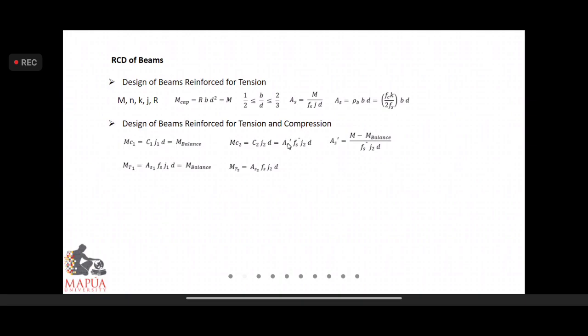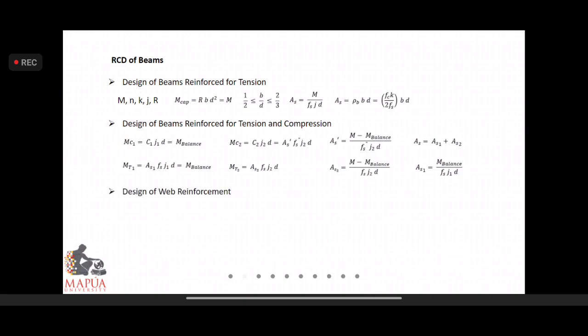And then we compute for M1, M2, we compute for A S2 based on the ratio of the excess moment divided by F S J2 D, and then the A S1 from the balance moment or the service moment computed, and then we add this as the steel reinforcement for the tension side.